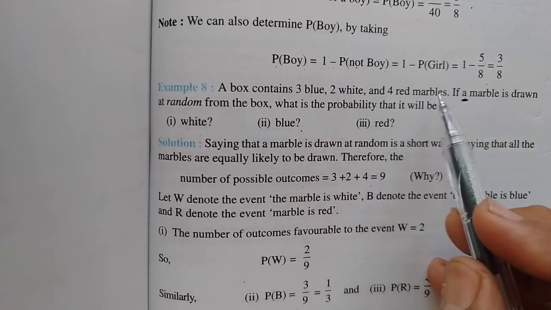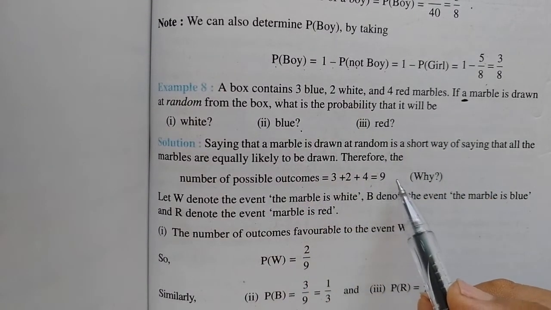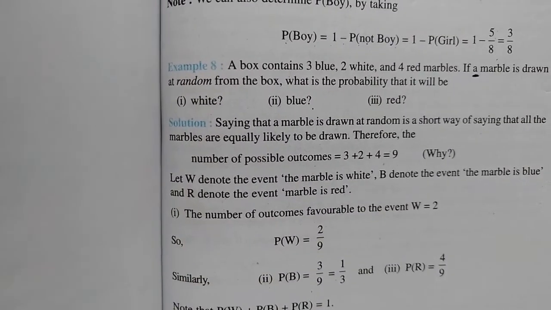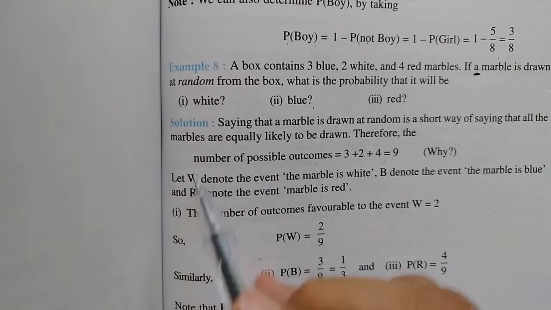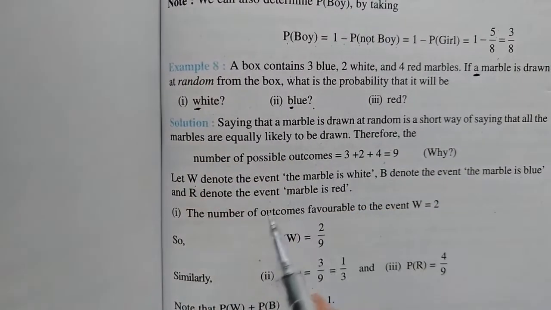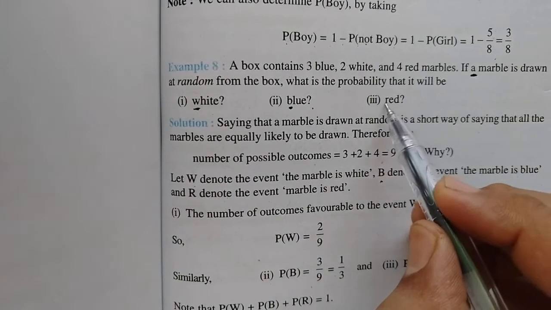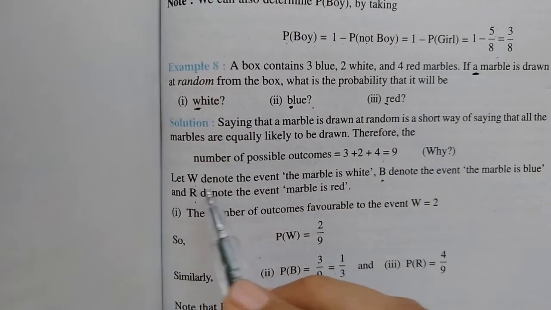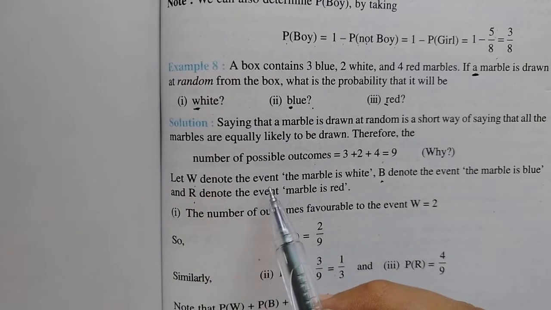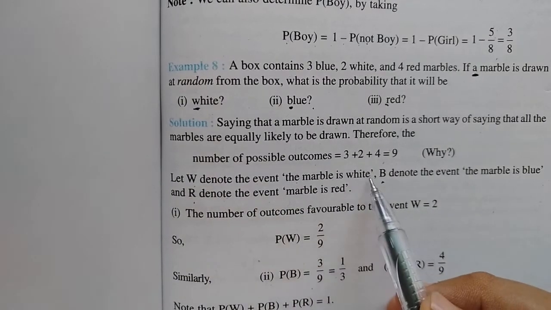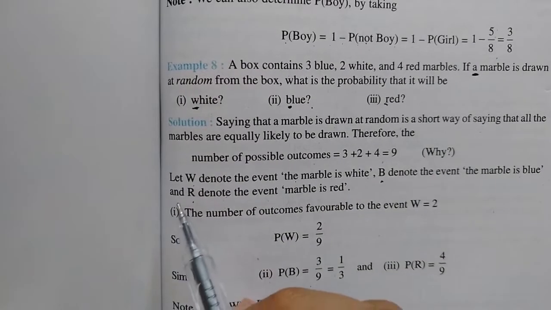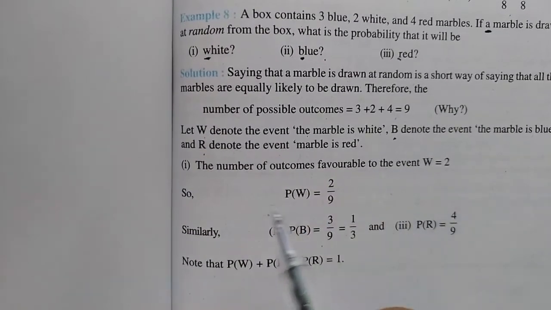So 3 plus 2 plus 4, that is a total of 9 marbles. Let W stand for white, B for blue and R for red. These are the three symbols to select the event. W for the marble is white, B for the marble is blue and R for the marble is red.